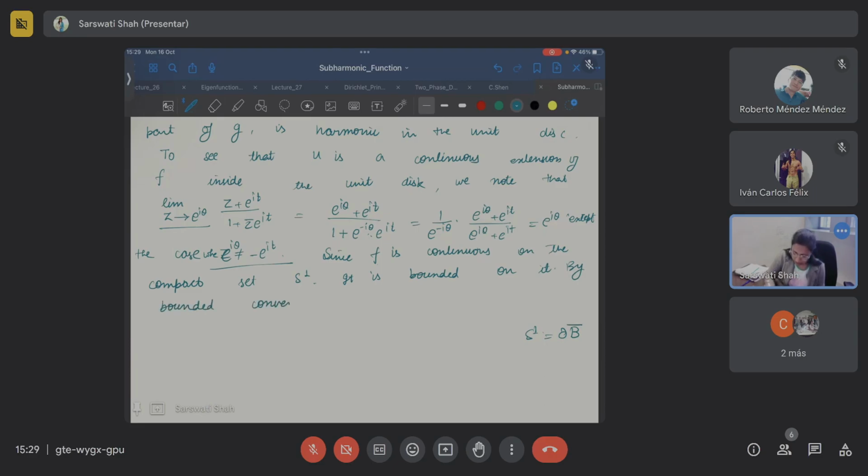Actually, I wanted to avoid some proofs of the theorem, but I could not avoid the theorems, because that is some necessary, important part of your syllabus to proceed to Perron's method. So sorry for that.